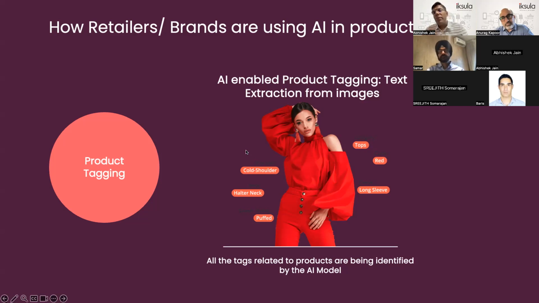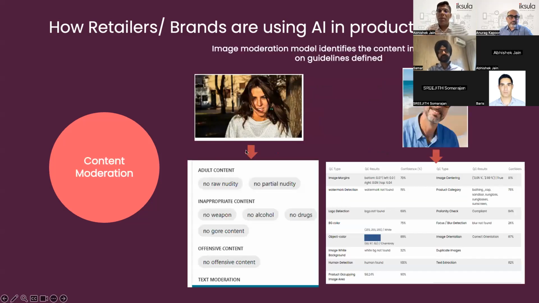Similarly, if you look at other areas, we are solving the problems around content moderation, right? Specifically with retailers and brands, we are seeing a lot of issues around content quality, and this is finally impacting their end consumer experience. That's where we are able to identify a lot of content issues in product content.